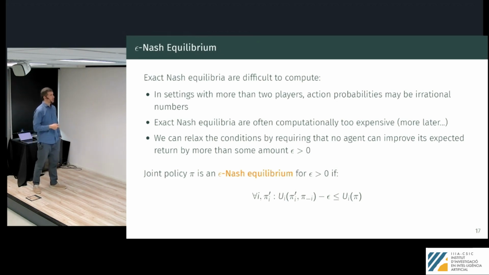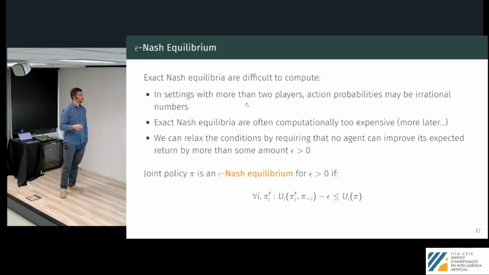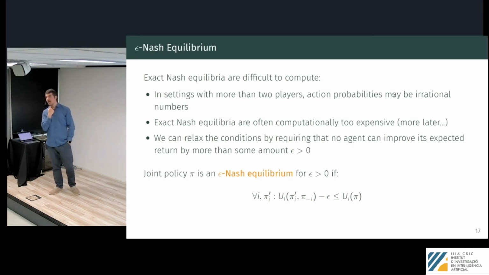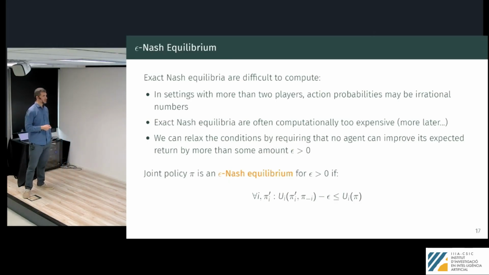For example, one issue is that for a strict Nash equilibrium with more than 2 players, there can be a Nash equilibrium where the action probabilities are actually irrational numbers. And as you know, irrational numbers are a problem for computers, where we cannot represent irrational numbers with infinite precision. And it could also be an issue for certain theoretical results.